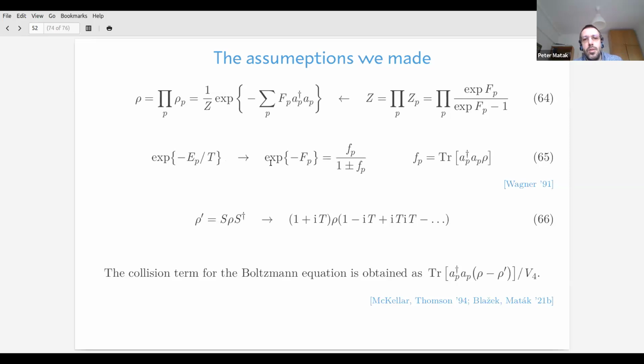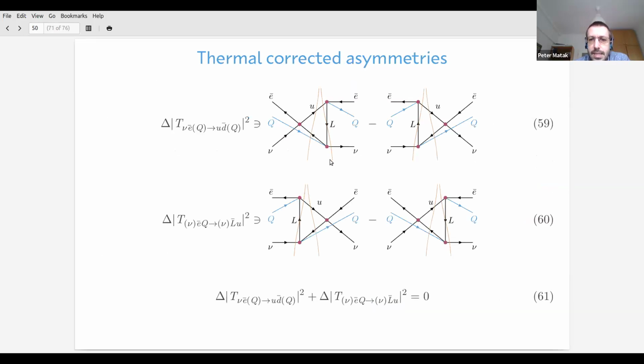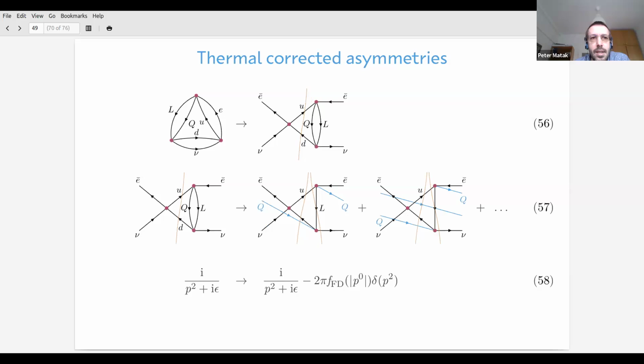You have some analog of the Maxwell-Boltzmann exponential here. You can define some analog of classical densities, and then everything is very similar to the equilibrium case.